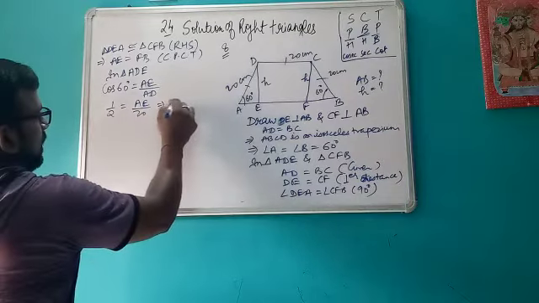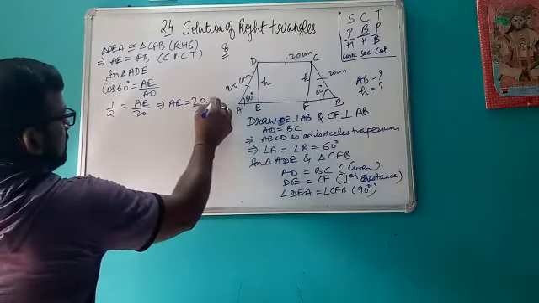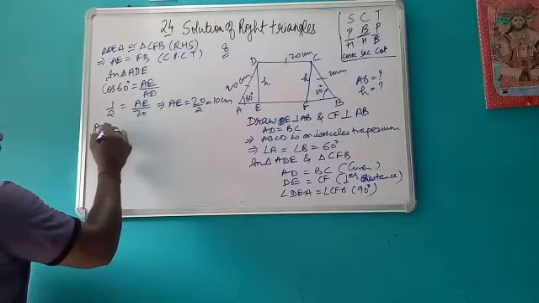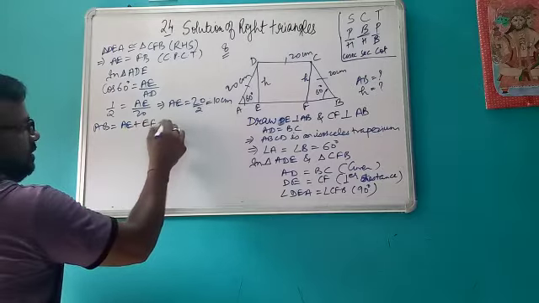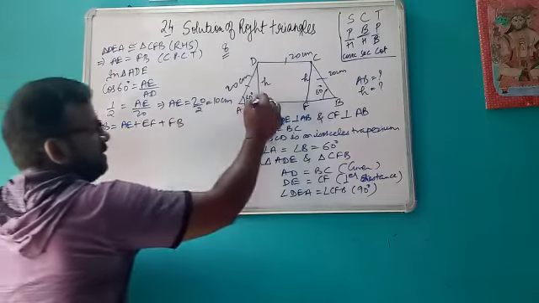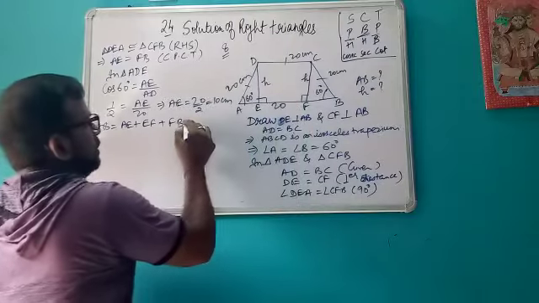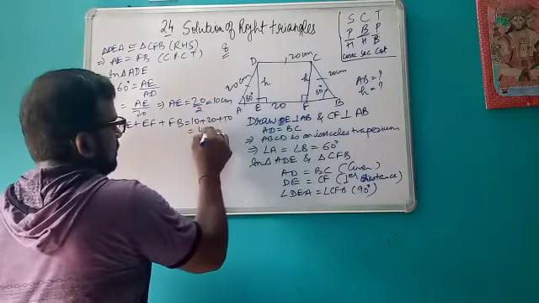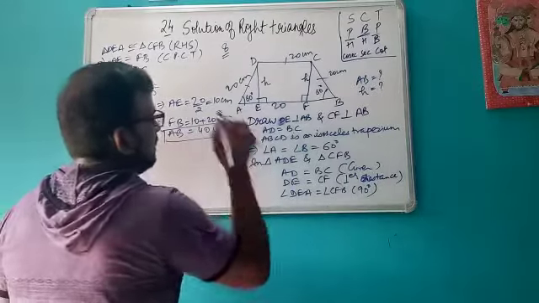So from here you will get AE is equals to 20 by 2, that is 10 centimeter. So what is our AB? AB is AE plus EF plus FB. And since it is 90 degree, EF is equal to DC, so this is 20. So it is 10 plus 20 plus 10, that is 40 centimeter. This will be our AB.